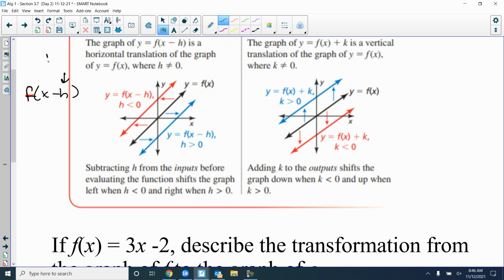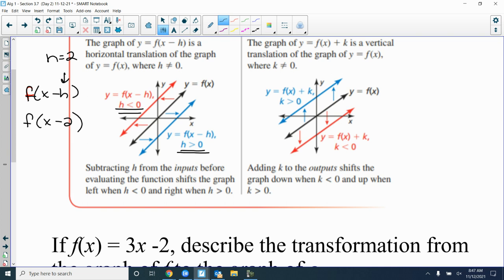So let's take a look. If h is 2, then it's going to be f of x minus 2. Agree with that? If it says h is bigger than 0, which way is it shifting? To the right. So that's that case right there. If h is less than 0, which way is it going?